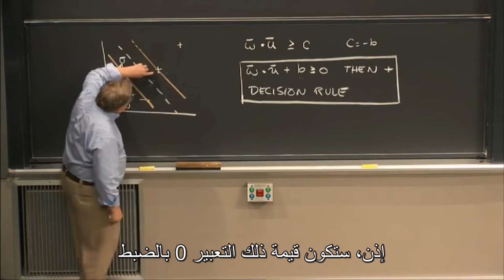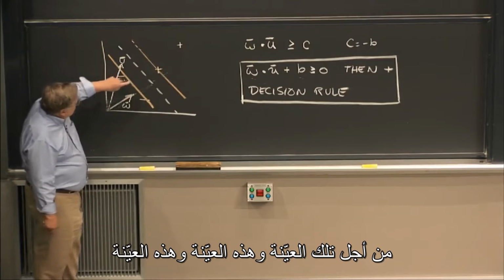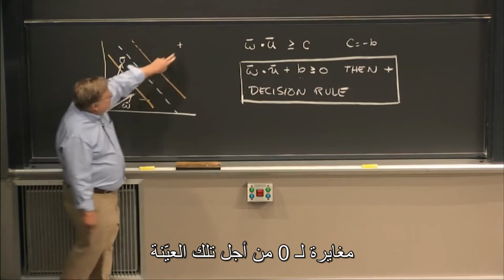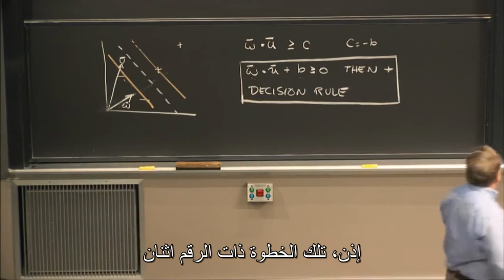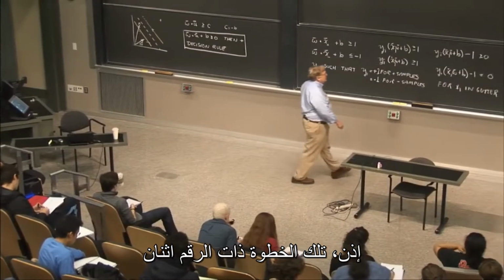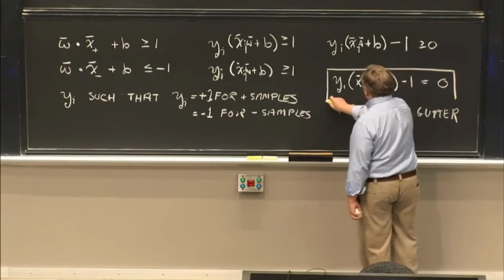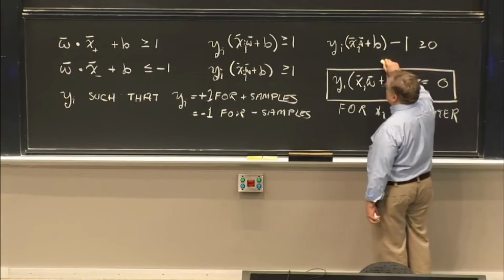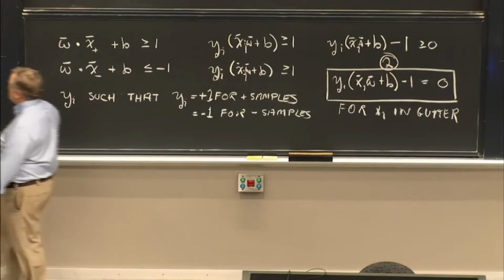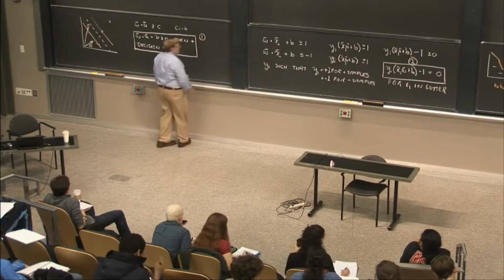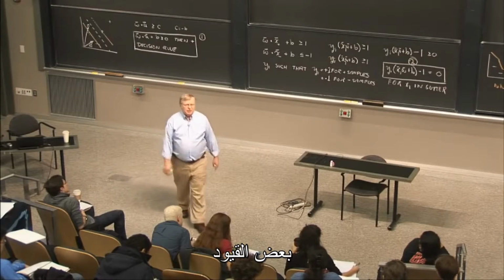So the value of that expression is exactly 0 for this sample and this sample, not 0 for that sample. It's going to be greater than 1. All right? So that's step number 2, and this is step number 1. Okay, so now we've just got some expressions that talk about some constraints.